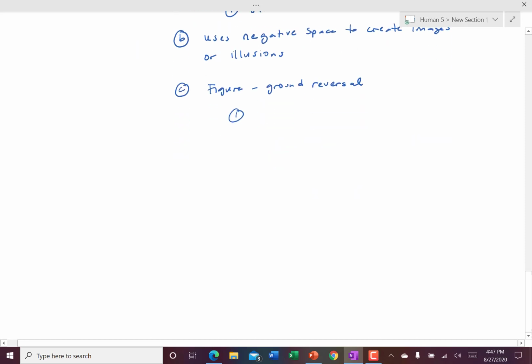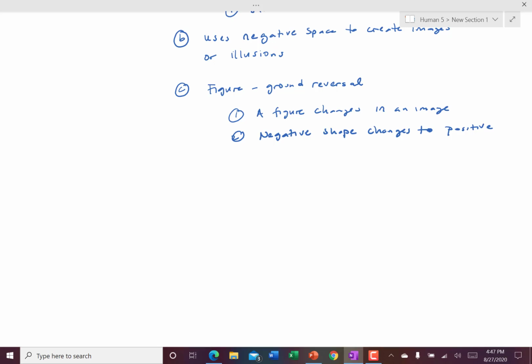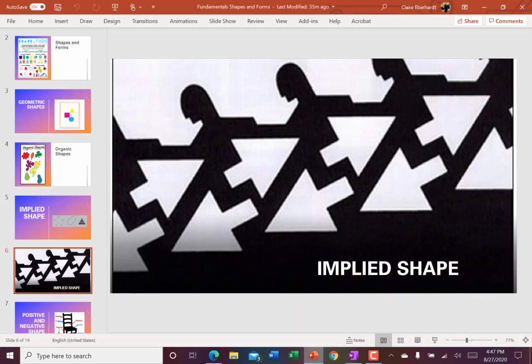This is where a figure changes in an image, and it's not just the figure, but the negative shape changes to positive. So you have the image change from one thing to another, and the negative and positive shapes change as well. Okay, so let's look at those.